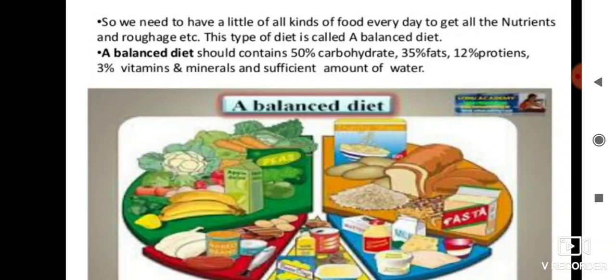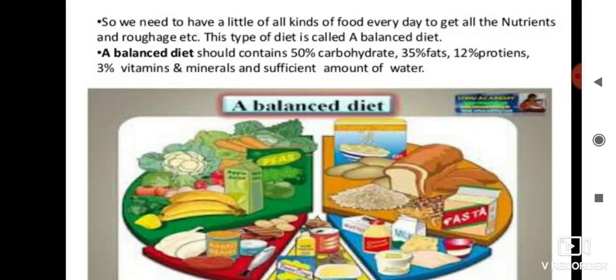A balanced diet means food items which contain an adequate amount of carbohydrates, proteins, fats, minerals, and vitamins. If the food contains a proper amount of these nutrients, that particular food we can call a balanced diet.